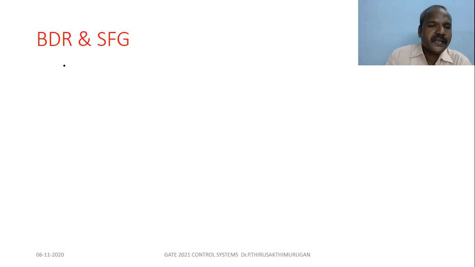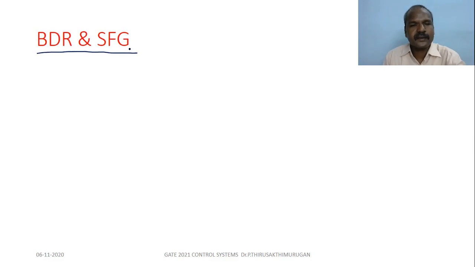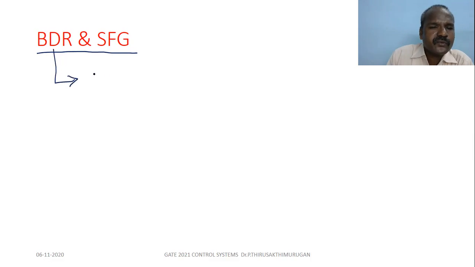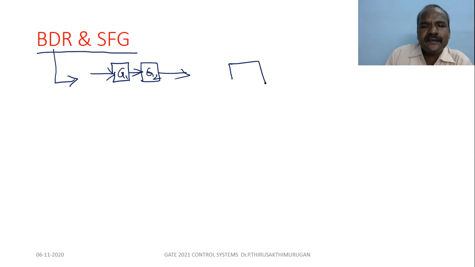Next is block diagram reduction and signal flow graph methods. What are the important points to be remembered in block diagram reduction? When two blocks are in series, the net gain is the product of the two, G1 and G2.